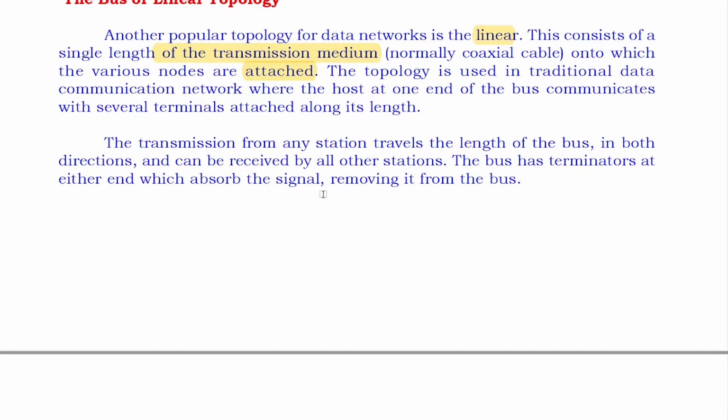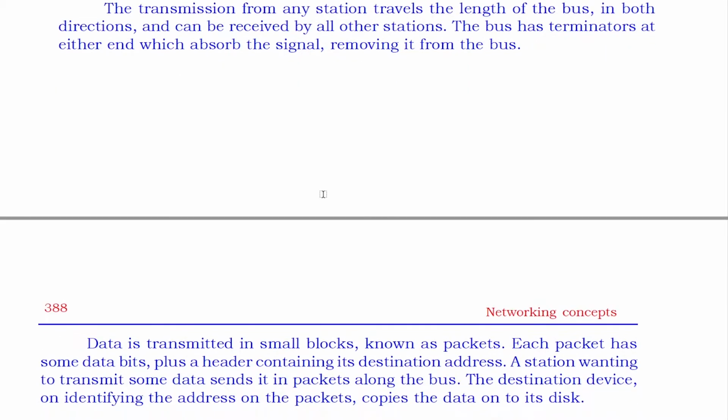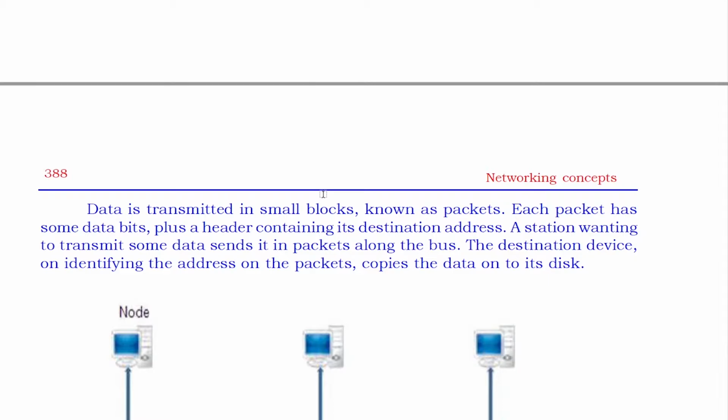That is how it terminates. Now how it works: data is transmitted in small blocks, the packets we already know about. Each packet has some data bits, the normal actual data, plus a header containing the destination address where it has to be transmitted. A station wanting to transmit some data sends its packet along the bus. The data to be sent from source to destination is just relayed on the cable, the bus.